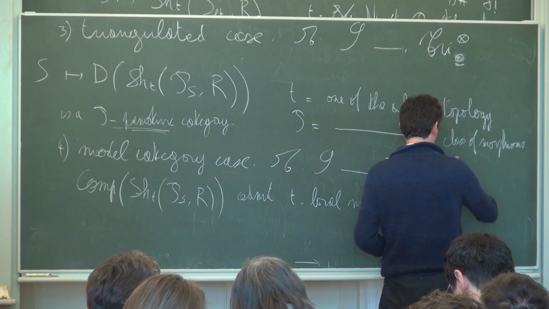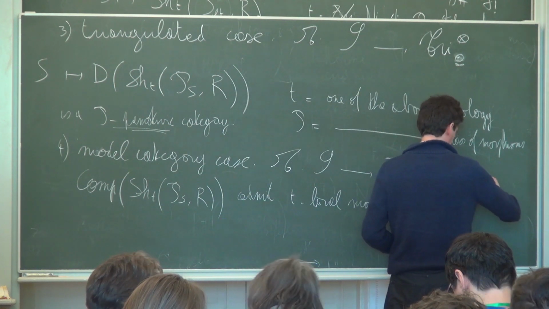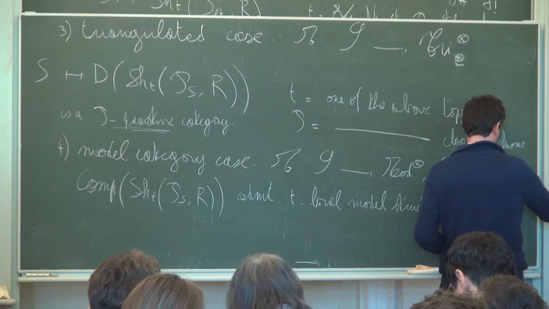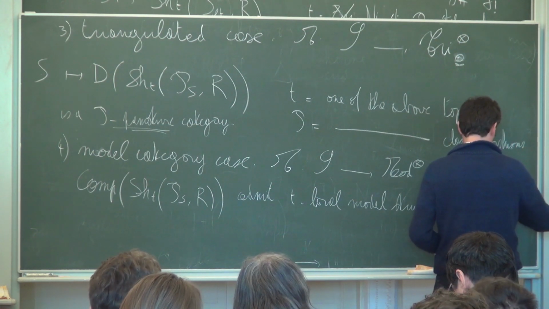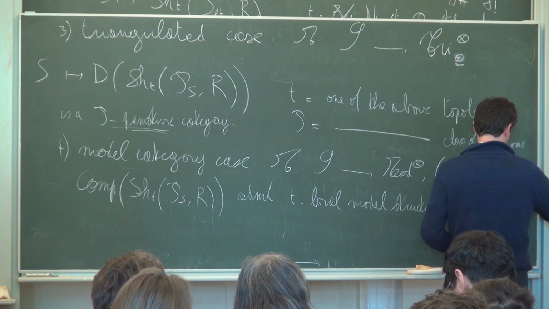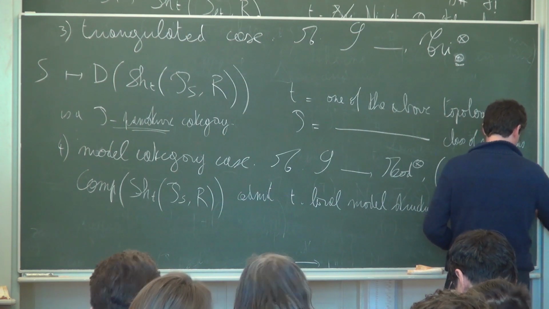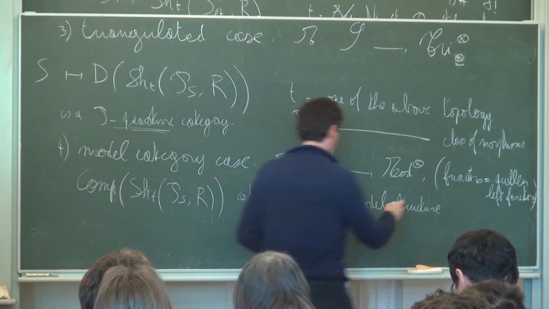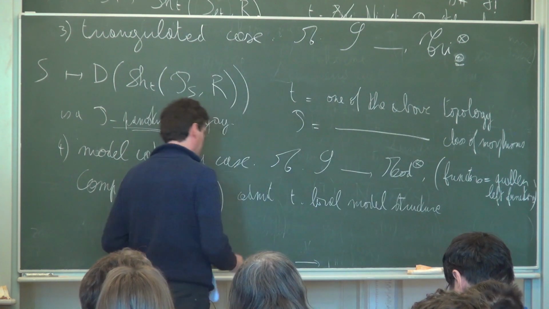Of course, you require that the functors are equivalent left functors, which I should have said. So they are derivable. So there exists a T-local model structure.